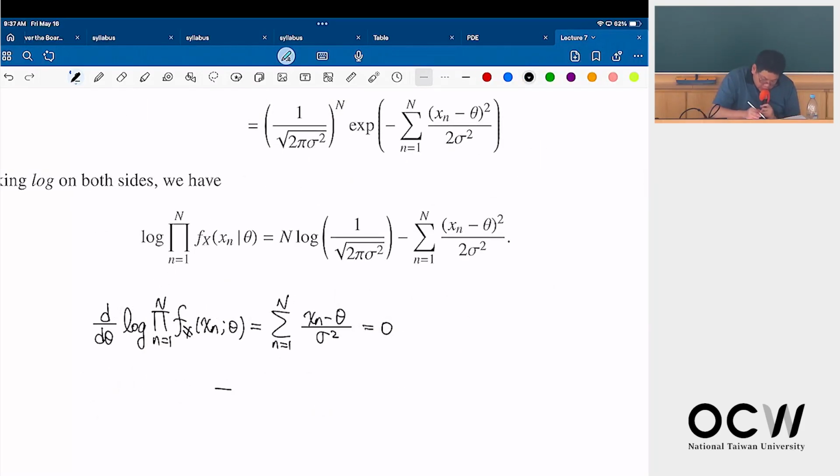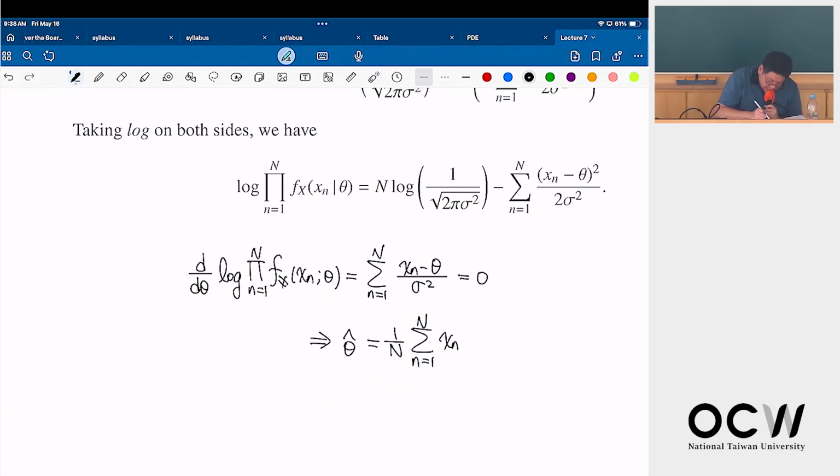So that gives us the best theta is 1 over n, summation n from 1 to capital N, xn. Then the maximum likelihood estimation for this Gaussian is this one.